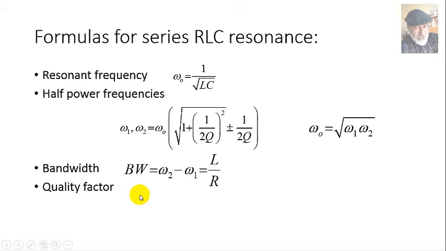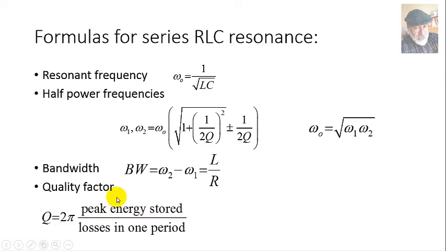The quality factor was defined this way: 2 pi, the peak energy stored in either the inductor or the capacitor divided by the losses in one period.